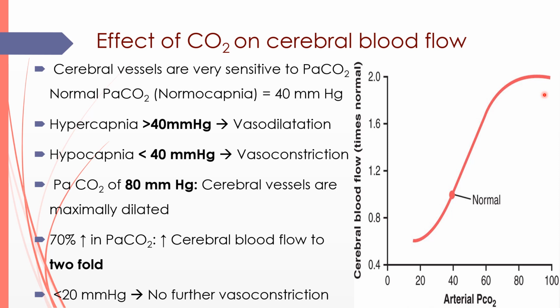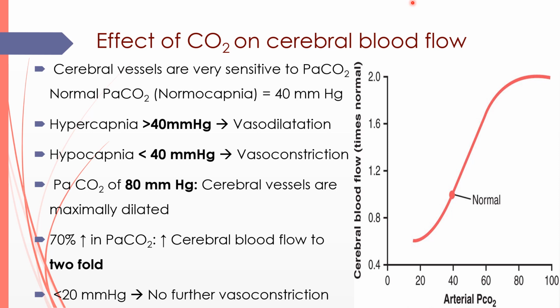And then decrease to 20 millimeter of mercury. When the partial pressure of carbon dioxide goes below 20 millimeter of mercury, there will not be any further vasoconstriction. This is because anoxia leads to the production of lactic acid and hydrogen ion, which causes vasodilatation and nullifies this vasoconstriction.